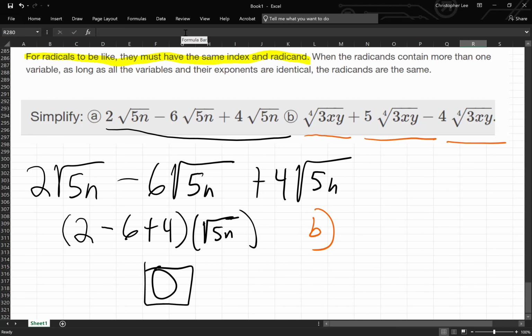So 1 plus 5 is 6, and then 6 minus 4 is 2. It's all good. So 2 fourth root 3xy. Questions on this?